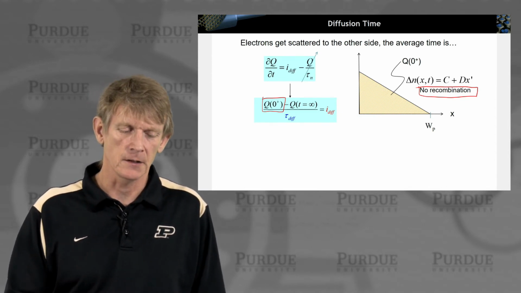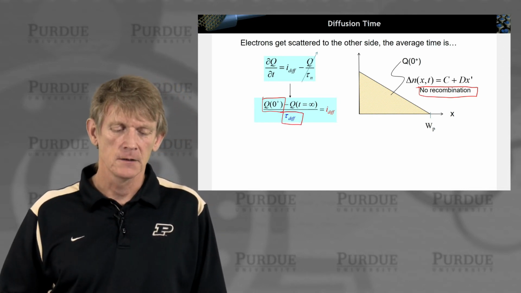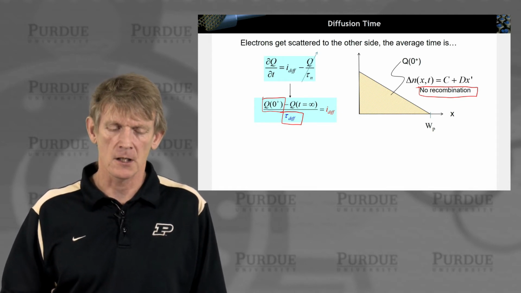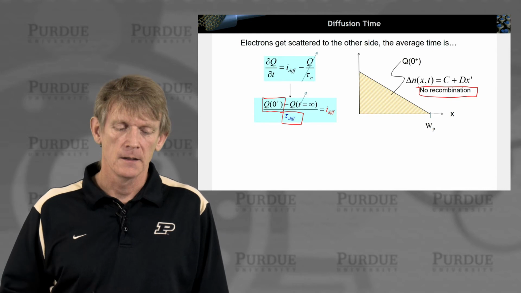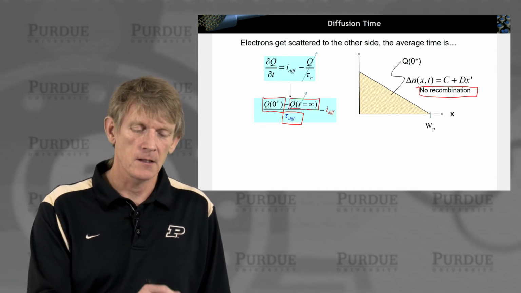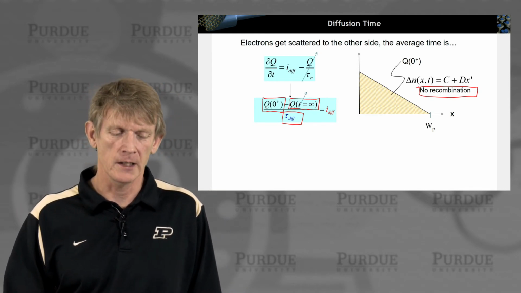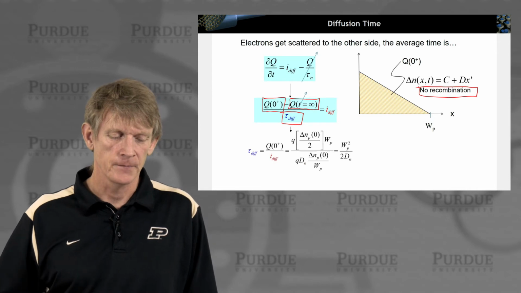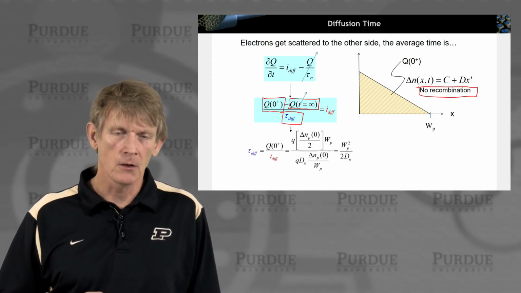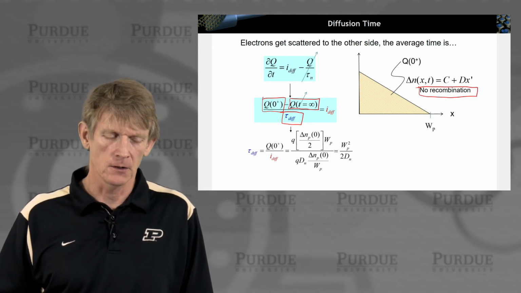We call that rate of decay the diffusion time, the overall charge diffusion time. At time equals infinity, we assume the minority carrier charge is completely drained. So we have an expression for the diffusion charge, and we know what charge is in the system at time equals 0.